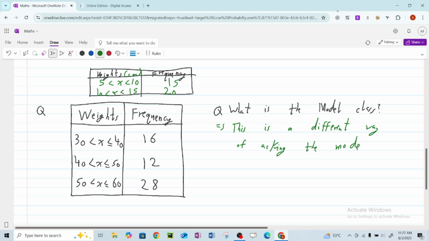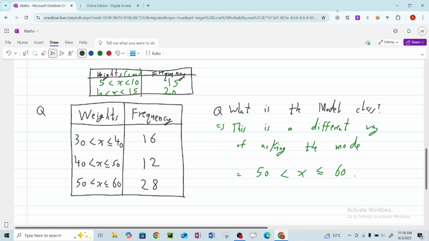The most repeated value. So what's the most repeated value here? 16, 12, 28. It's 28, but remember, the frequency is not our answer. It's going to be the class that we have. Remember, we have to group the frequency tables into classes. So we have this class, that's our answer, 50 < x ≤ 60. That would be my answer. That's the first one. They will ask you the modal class.